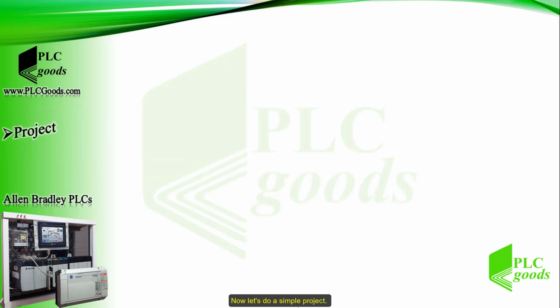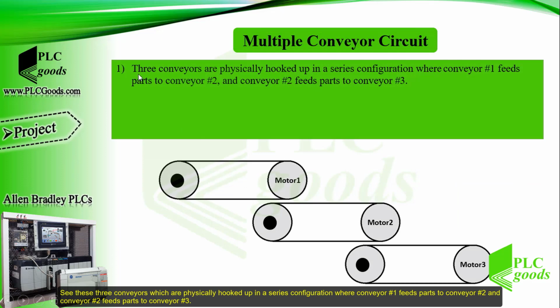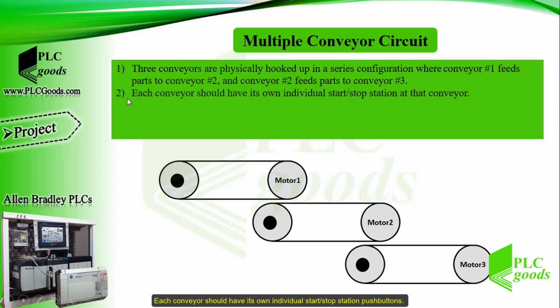Now let's do a simple project. See these three conveyors, which are physically hooked up in a series configuration, where conveyor number 1 feeds parts to conveyor number 2 and conveyor number 2 feeds parts to conveyor number 3. Each conveyor should have its own individual start-stop station push buttons.